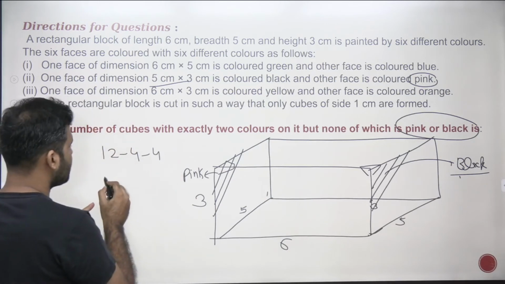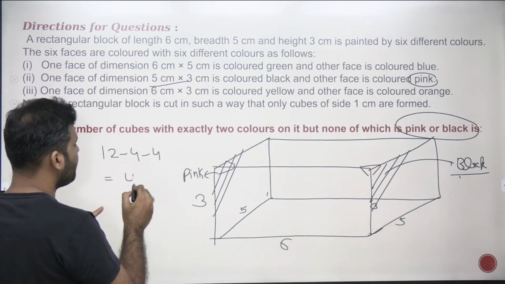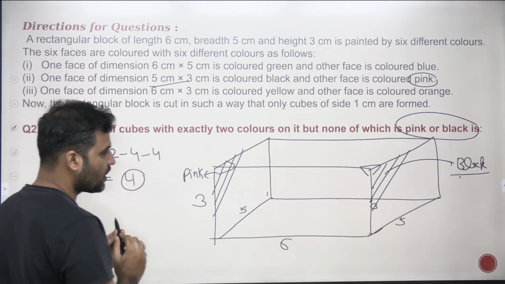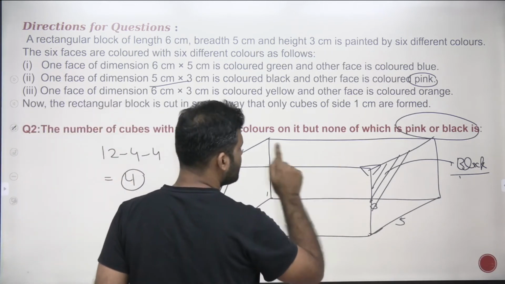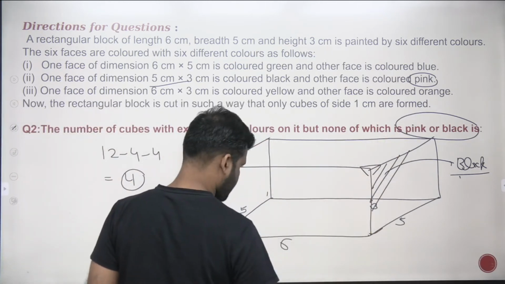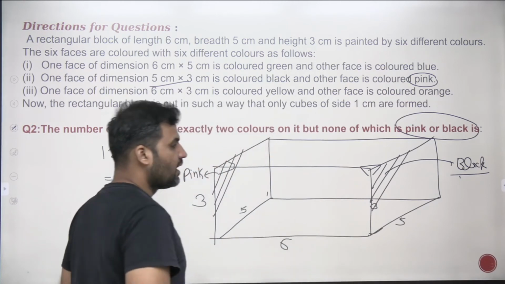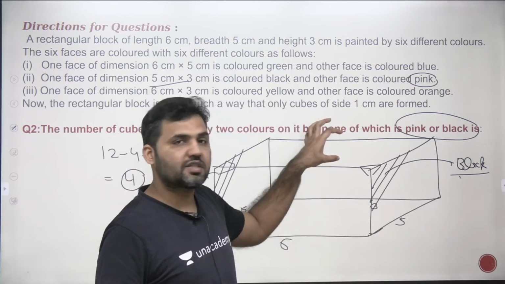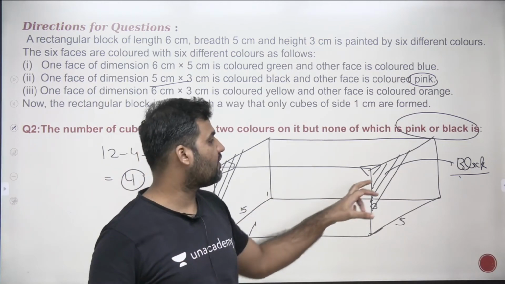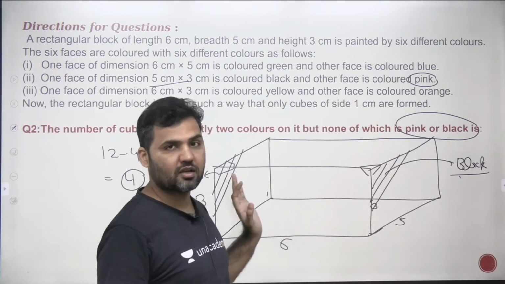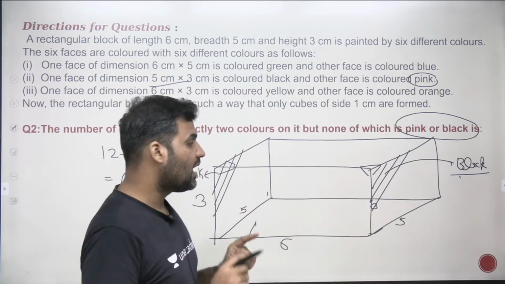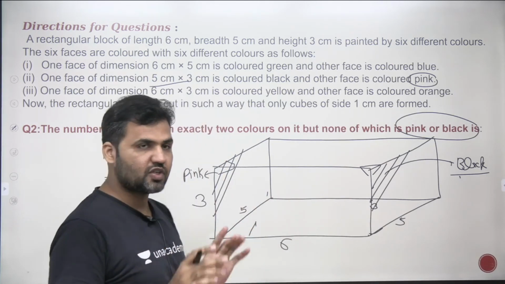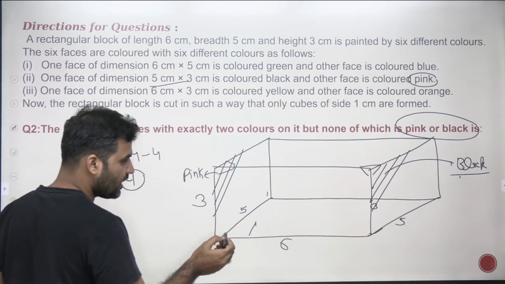What I'm left with is only 4 edges. What are these 4 edges? This is one of the edges, 1, 2, 3 and 4. Every cube that I am getting out of these 4 edges will not be having any pink color or black color on it, and they will have 2 sides painted, except the cubes which are on the corners. You do not have to take the corner cubes.